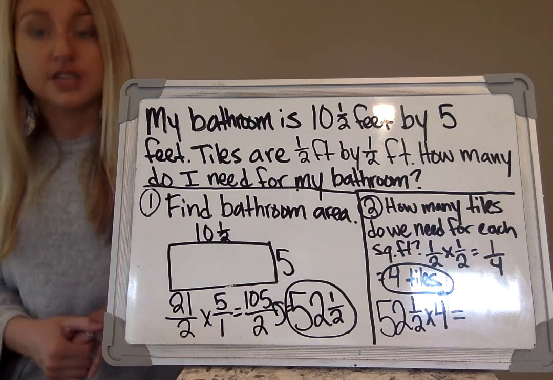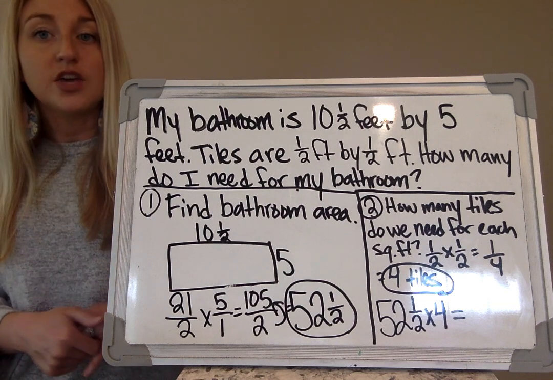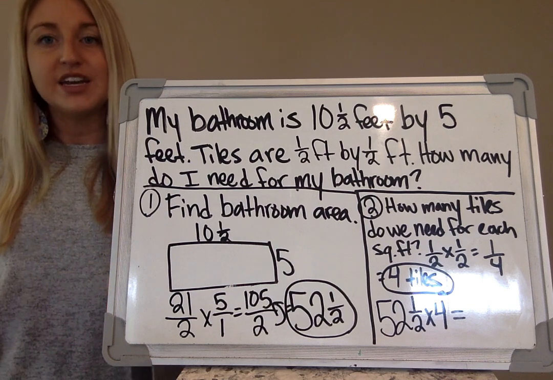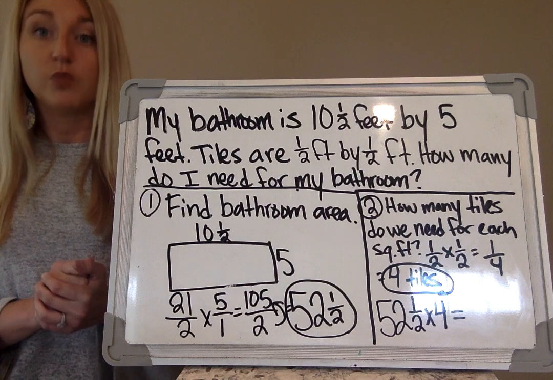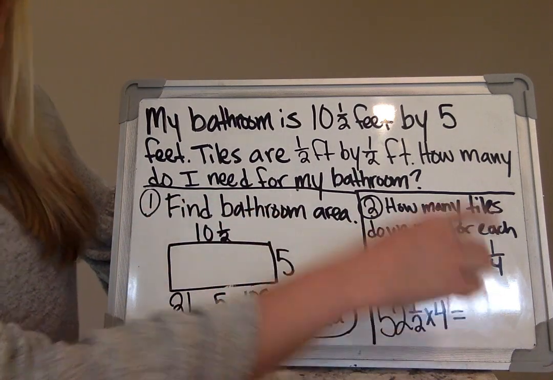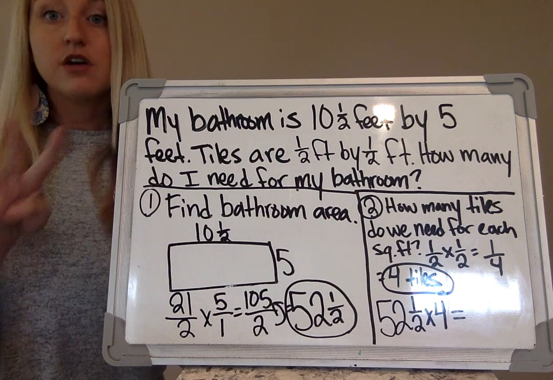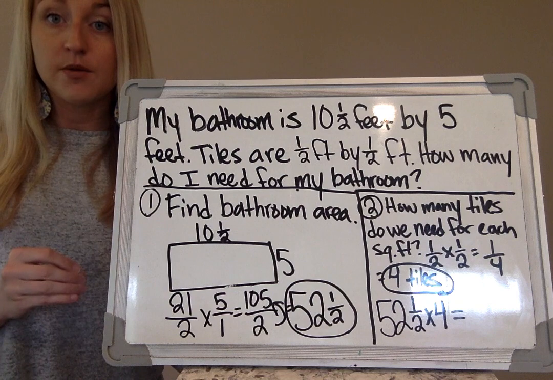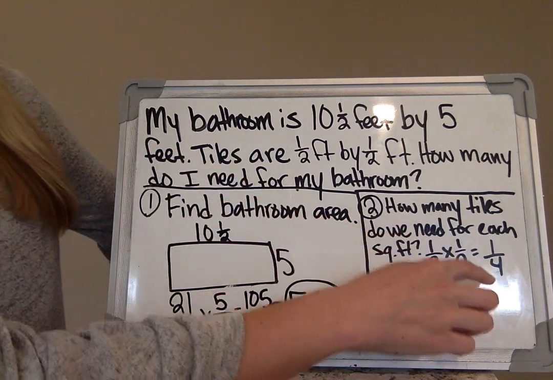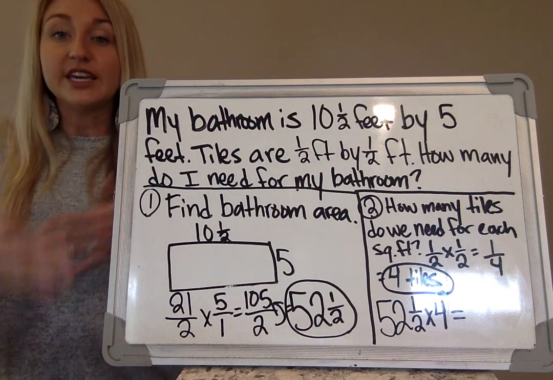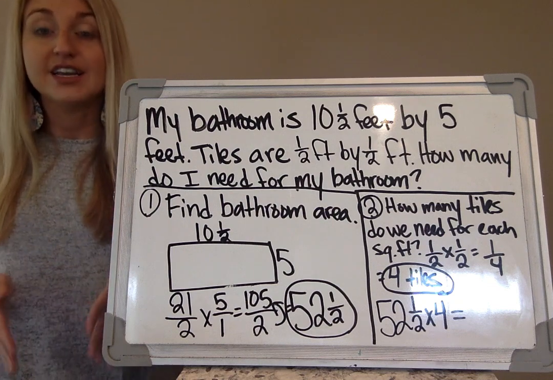So because they're not equal to 1 whole square foot, how many of these tiles do we need to equal a square foot? Well, how many times do you have to add 1/4 together to get a whole square foot? 4.